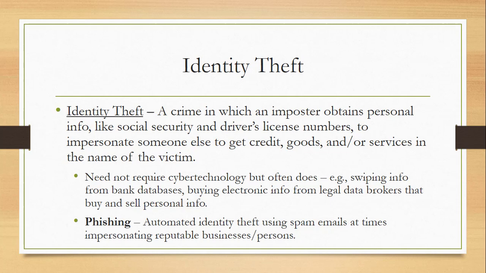For example, you might see in a spam email an emblem from Amazon, even though it's not sent out by Amazon. And they might say something like, we've lost your credit card number on file. Please type in your credit card number and give it to us so we can correct your account with Amazon. When they're not from Amazon, but they're just out phishing and trying to acquire personal information.